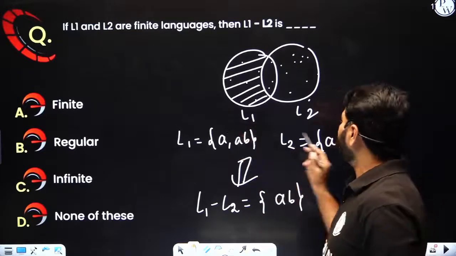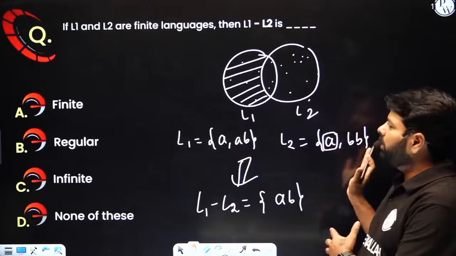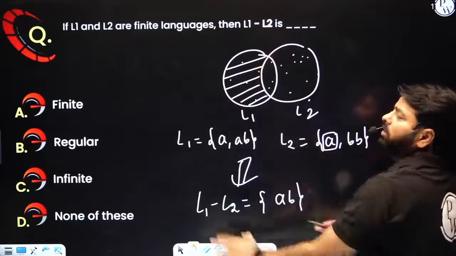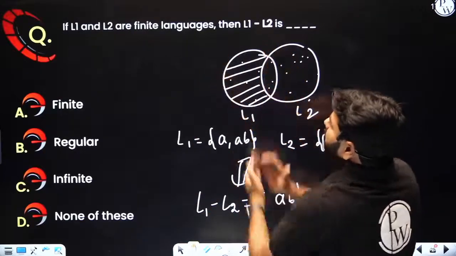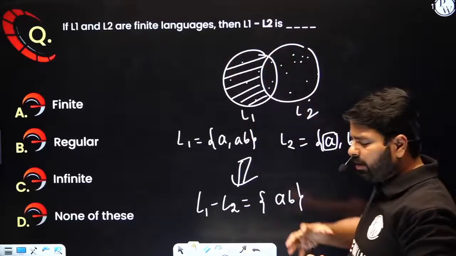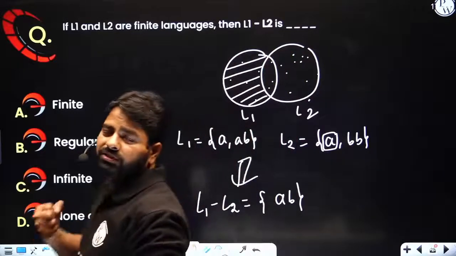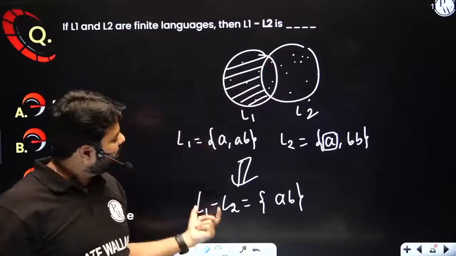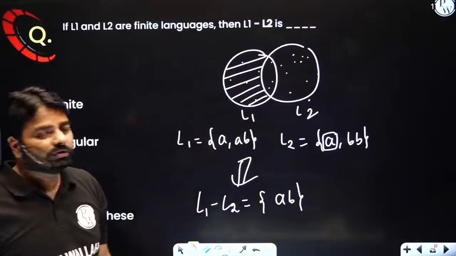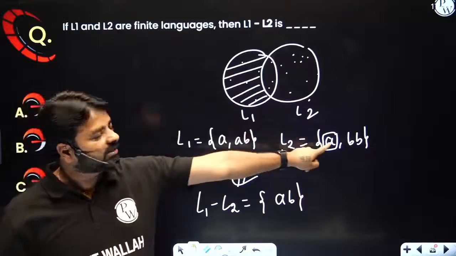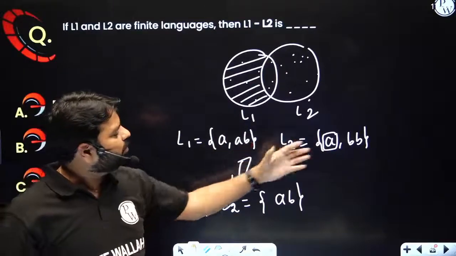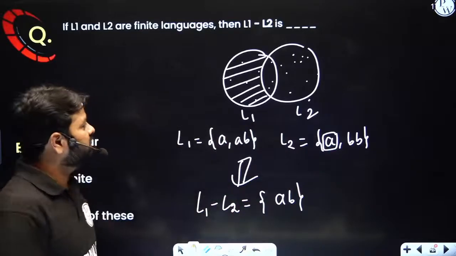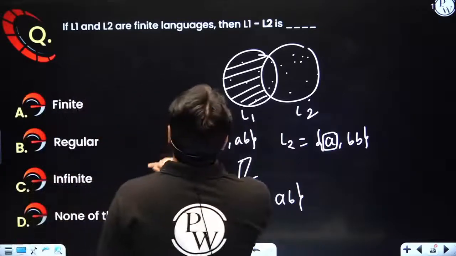Because a is present in L2. Those strings which are present in L2 will be deleted from L1. So L1 minus L2 is simply the L1 portion, those strings which are not there in L2. ab is not present in L2. In case a and ab are both present in L2, then L1 minus L2 is the empty set. Fine. Now come to the question.